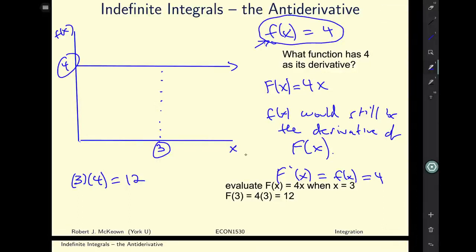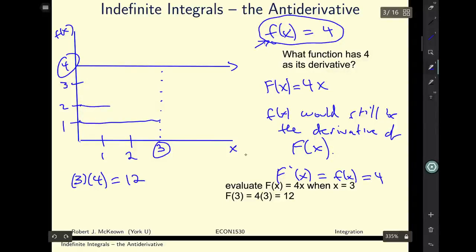And if I wrote 1, 2, 3 here and 1, 2, 3, 4 up the side, I'm going to get 12 little squares.